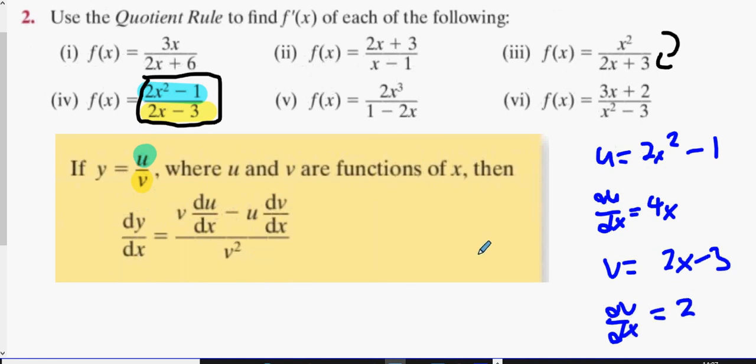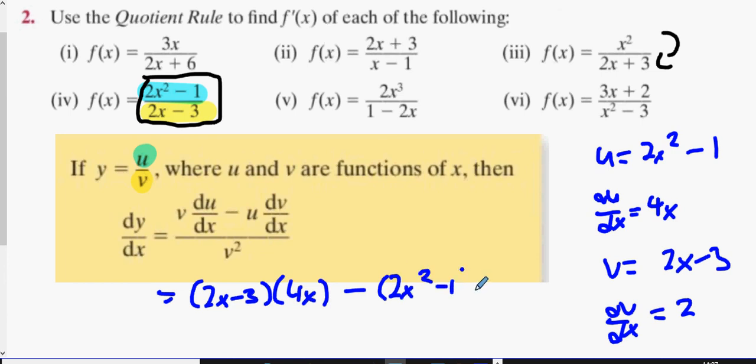Now, let's put in our numbers, okay? What's v? What's the du dx? What's u? 2x squared minus 1. What's the dv dx? 2. See that 2? I don't know what your preference is, but I always like to put the 2 just in beside the minus.